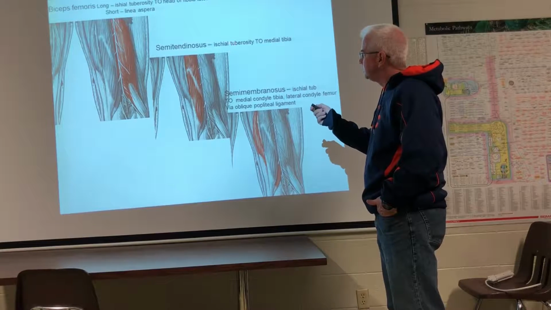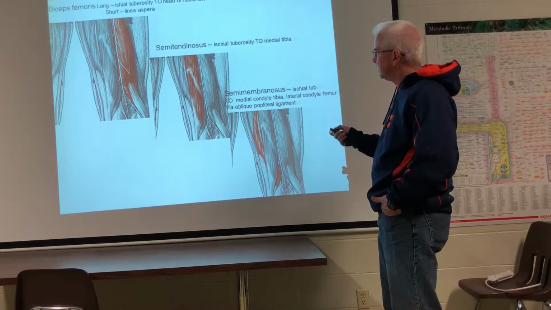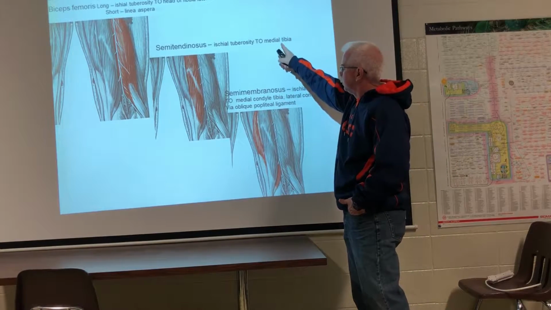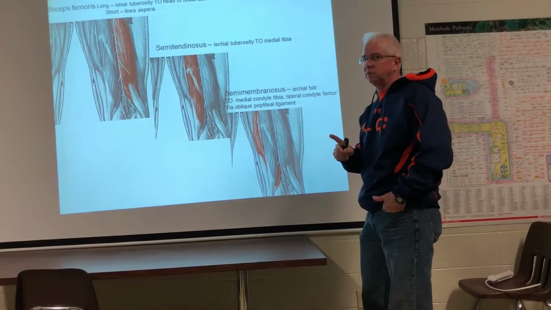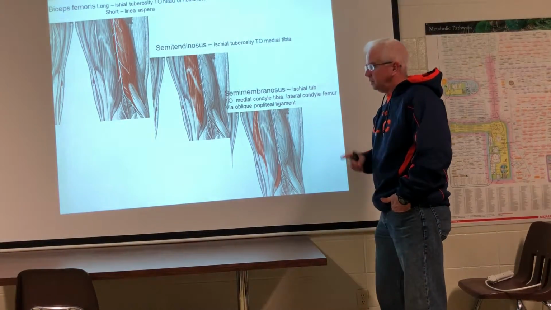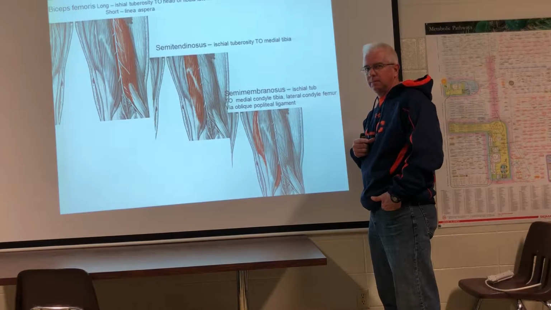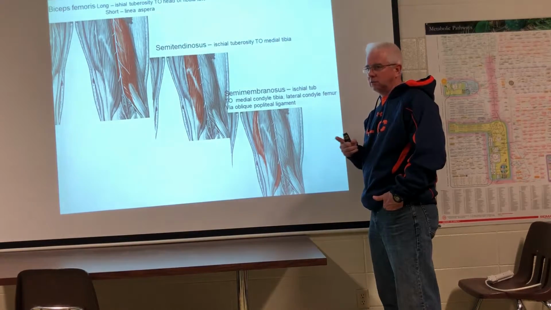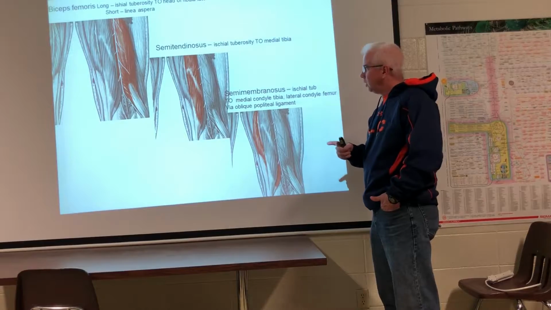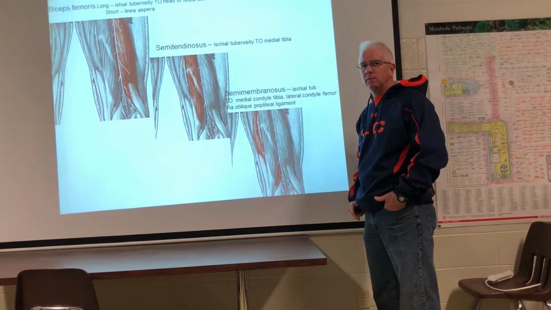The semitendinosus now, we're going to the medial side, goes to the ischial tuberosity there, and the semimembranosus, ischial tuberosity, also to the medial condyle of the tibia. Now watch this one. The semimembranosus attaches to the medial condyle of the tibia. Okay, it's medial. Got it? Just like the semitendinosus. But it also attaches to the lateral condyle of the femur.